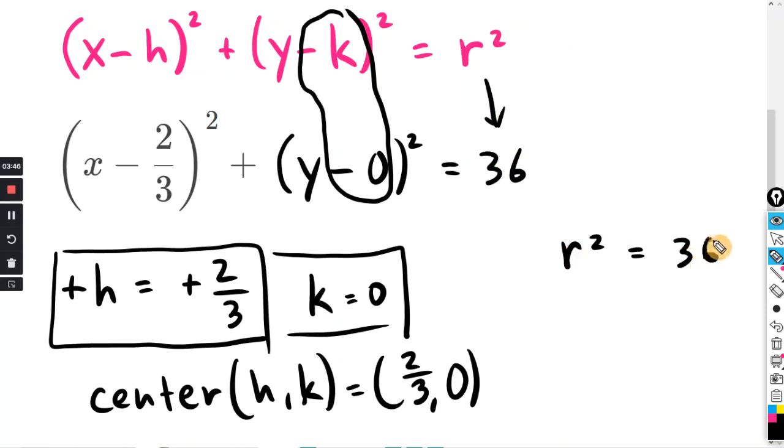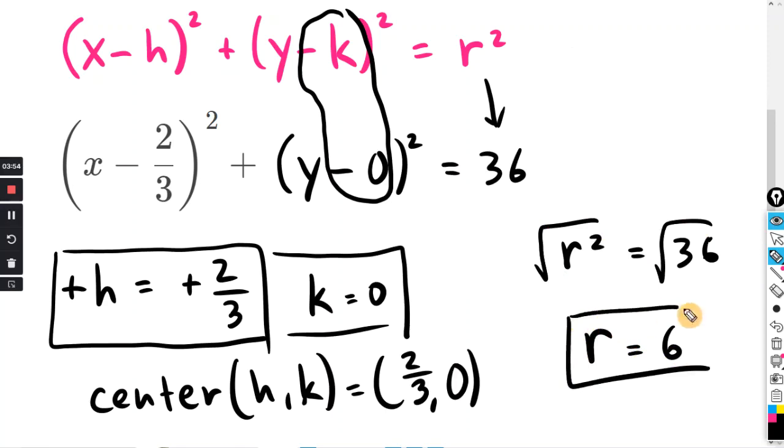And taking the square root of both sides, r equals 6. Okay, I know negative 6 would work also, but we discard the negative answer because the radius length cannot be negative.